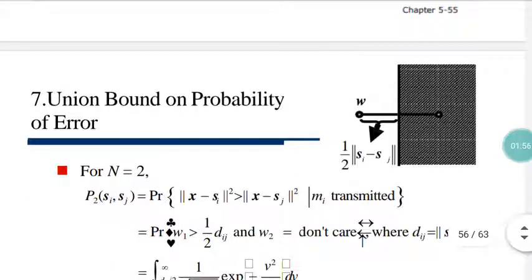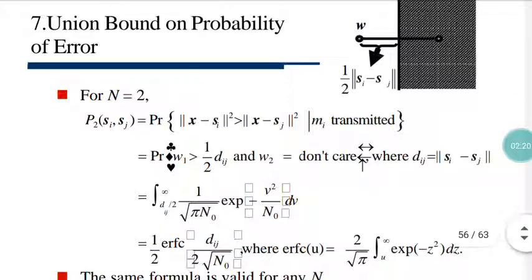Now for n equals 2, P2(Si, Sj) equals the probability that |x − Si|² is greater than |x − Sj|², where Mi is transmitted. Now W1 must be greater than half dij and W2 is in the don't-care state, where dij is |Si − Sj|.